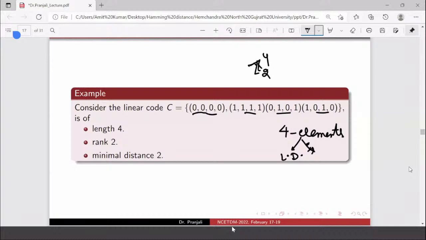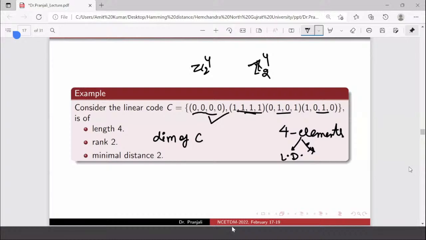So now we will calculate the rank. Rank means the dimension of C. How many vectors are linearly independent? Because they will generate Z to 4. The 0 vector is there, so it cannot be included in the dimension.